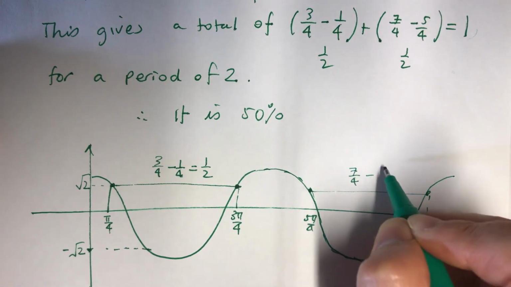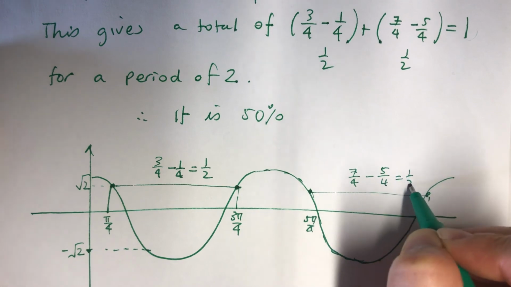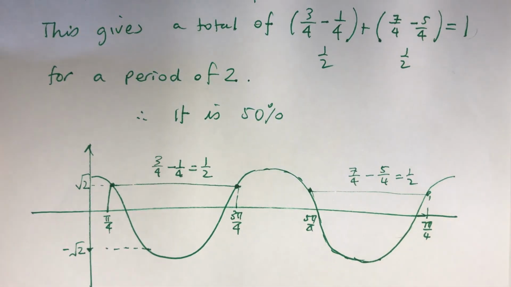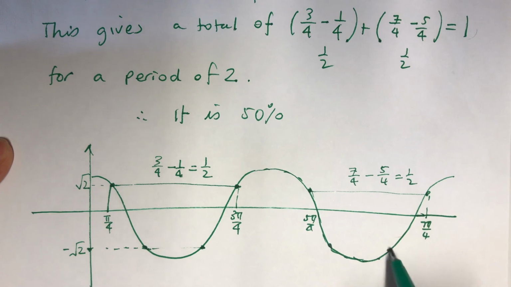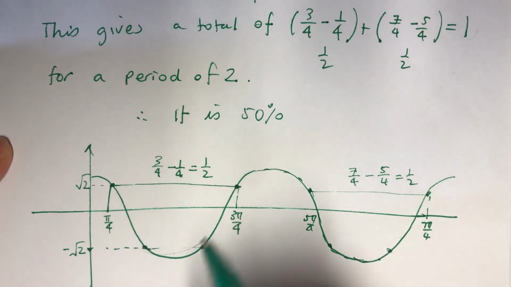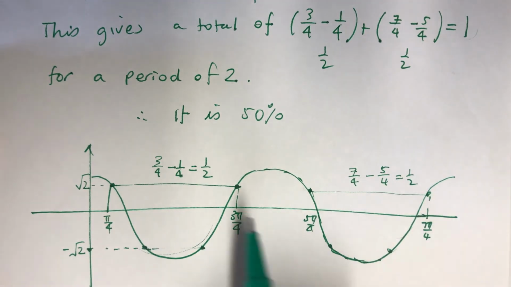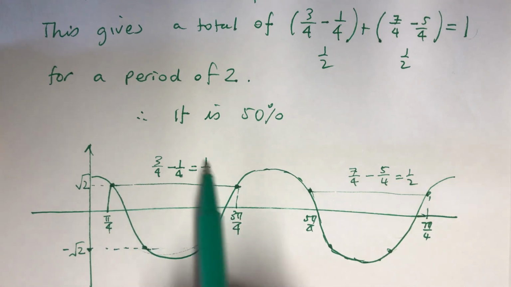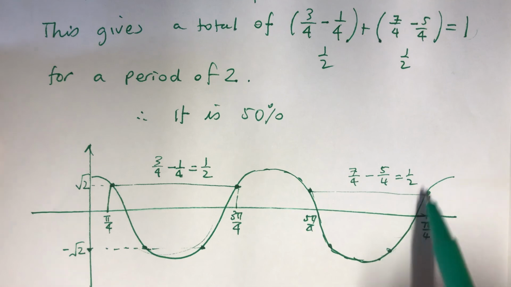7 over 4 minus 5 over 4 is half. That's what I've got here. So what's happening here, and that's as well here. So we're looking at in between here. So 3 over 4 take away 1 over 4 will be this in between, and that's in between.